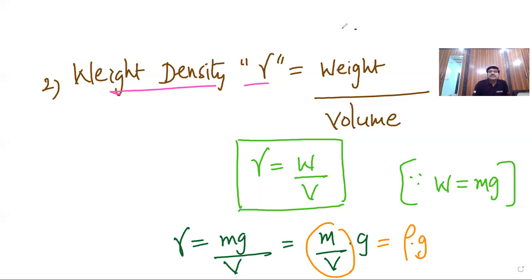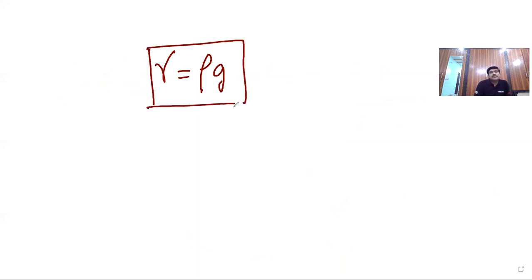That means the conclusion is: weight density gamma is equal to mass density rho into acceleration due to gravity.